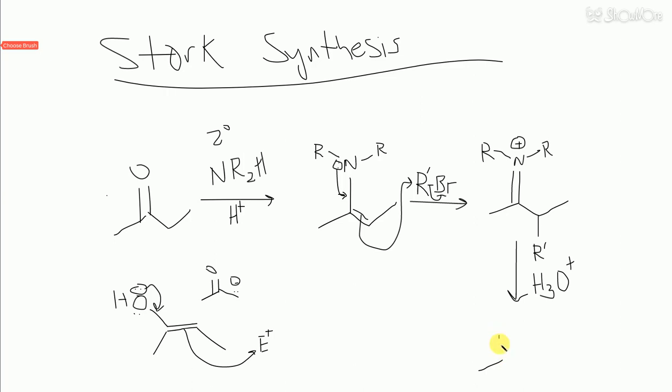And so I will get back my carbonyl and I have my R prime. So this is the general easy mechanism for the way this works. Remember, it's very helpful if you understand how this happens. Nitrogen donates its lone electron density inwards, and the enamine attacks the alkyl halide or any kind of electrophile.